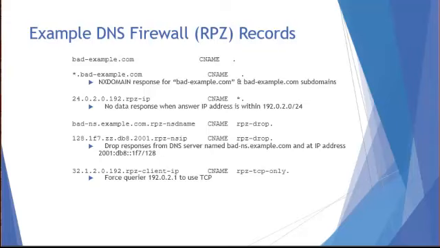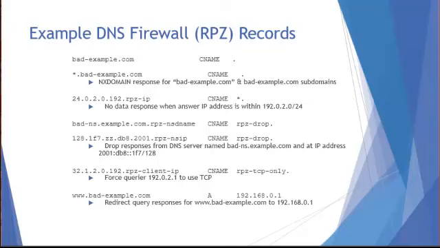And then the TCP only, likewise in the data field, is applied, and here we're looking at the client IP address trigger on the left with the resource record, and again the IP address is similarly formatted, so that is triggered by the client IP address, and then the RPZ TCP only indicates to force the querier to use TCP.